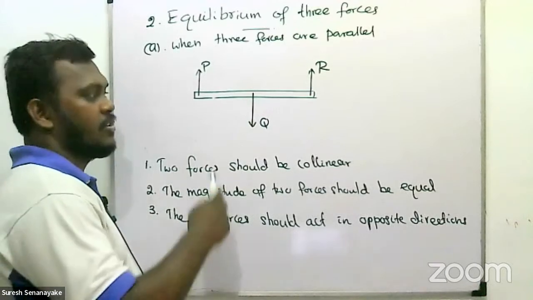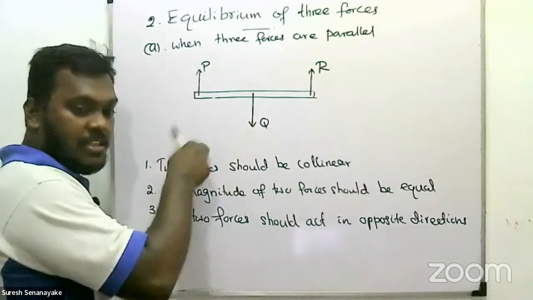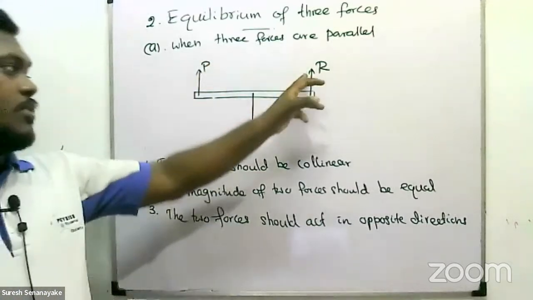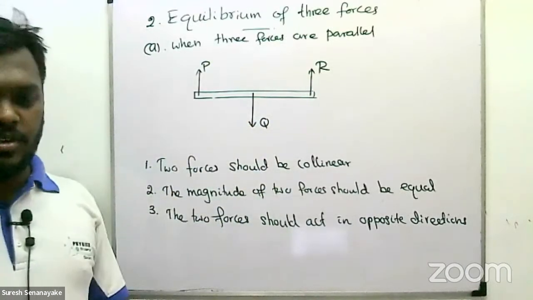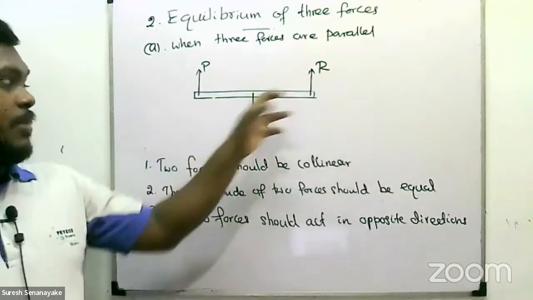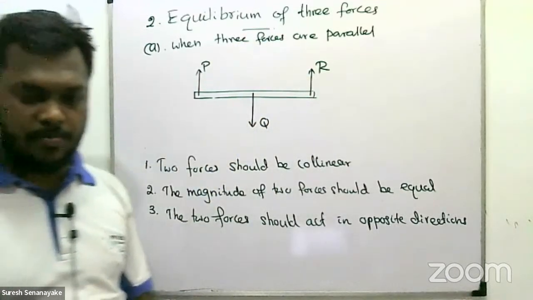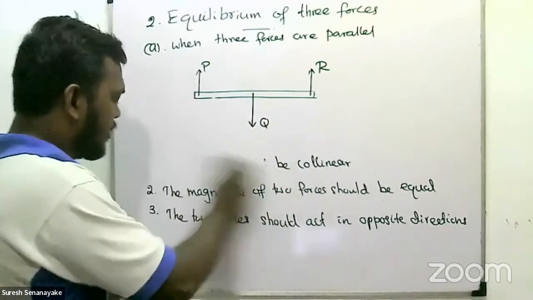We can also say that the vector sum of two forces equals the third one. If the sum of these two equals this one, it is in equilibrium. Also, the lines of action should be on the same line, otherwise it would not be equilibrium. Okay, you need to write these conditions.